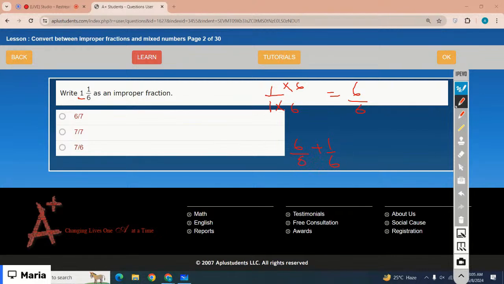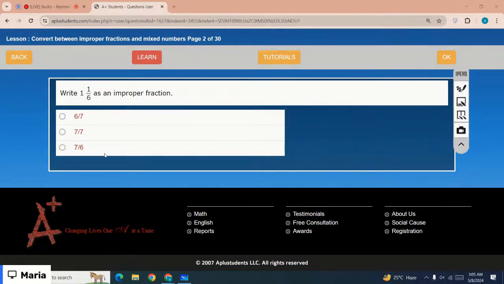So that would be 7 over 6. The correct option is 7 over 6.